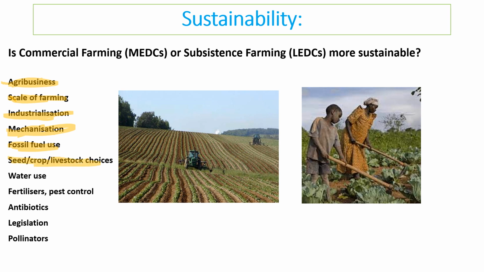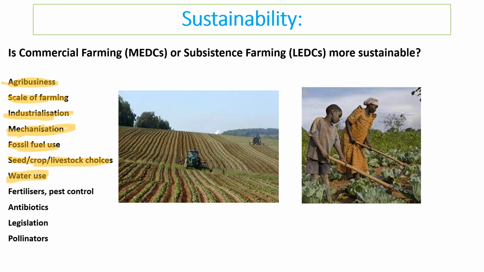Seed, crop and livestock choices: commercial farming will keep animals that are sometimes not indigenous to the area, and that will create a need for irrigation, greenhouses and extra inputs, whereas there's generally less of an issue with subsistence farming, which will use local crops.